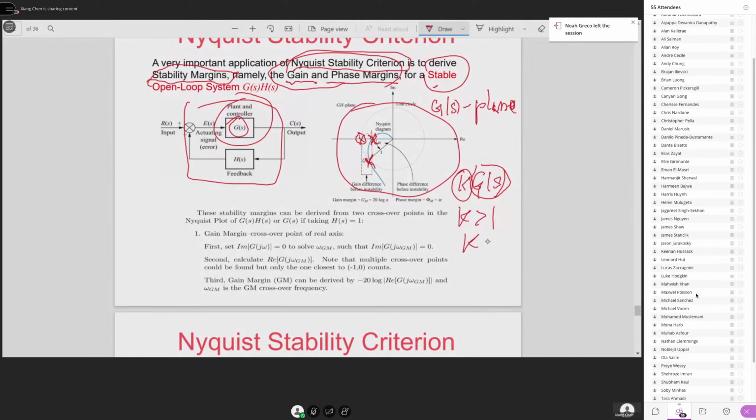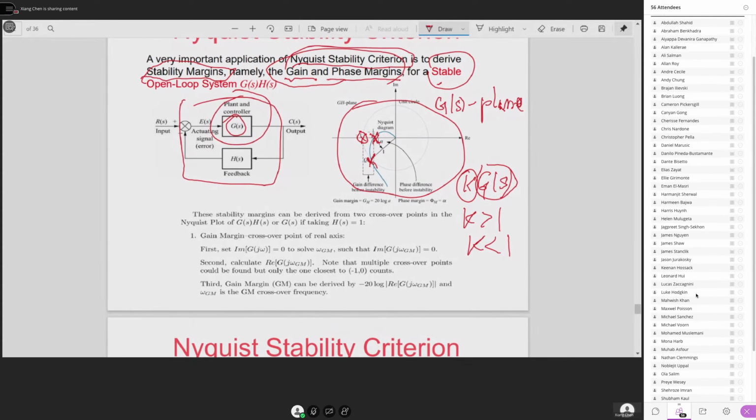Otherwise, if K is less than 1, you shrink the Nyquist plot. K does not change the phase of G(s); it only affects its magnitude.